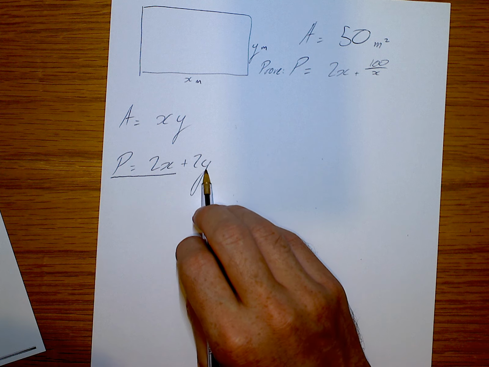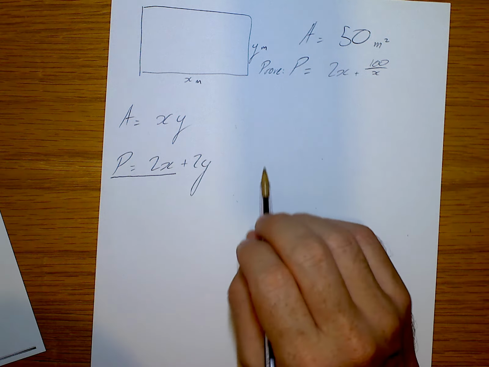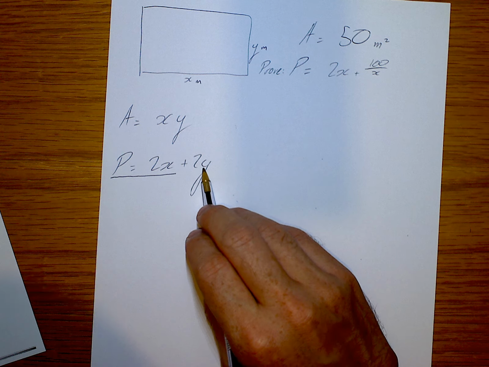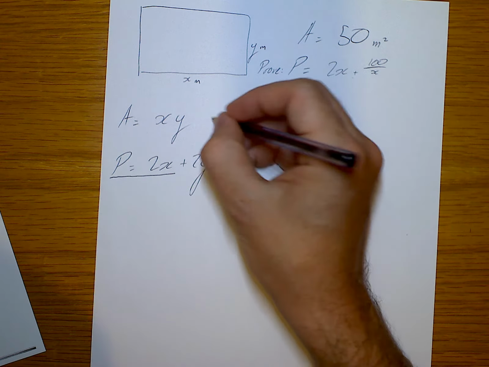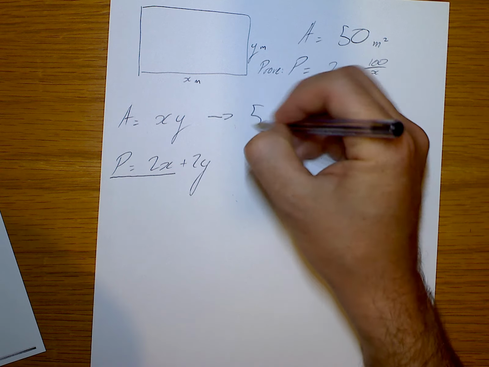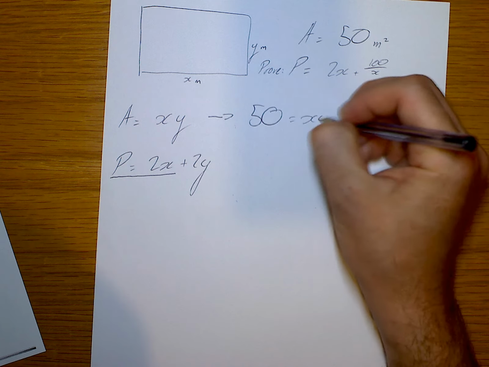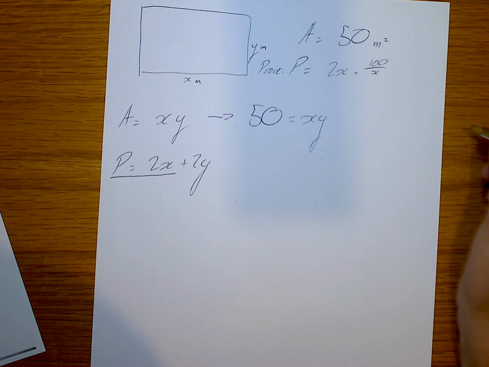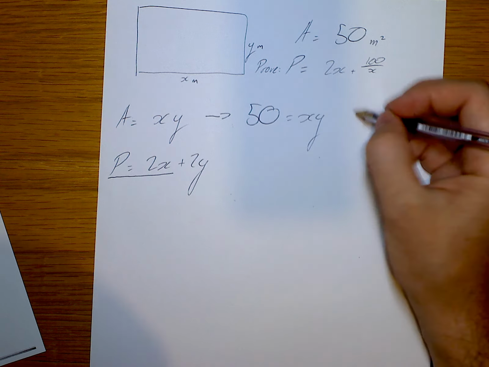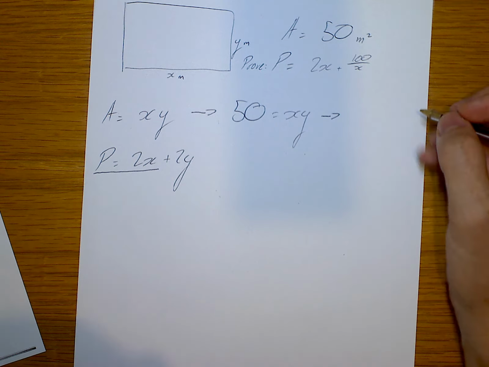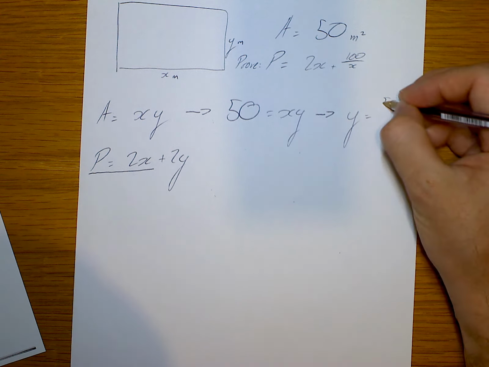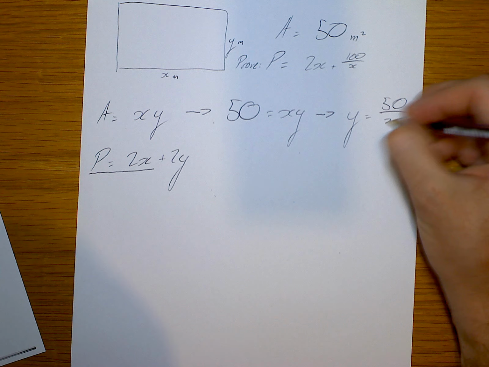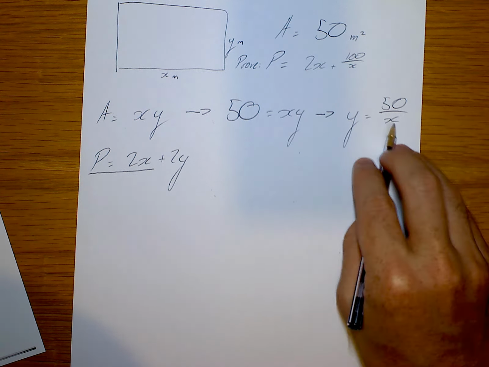So put things in terms of y, and then maybe we can put in x. Let's try it. We know this is going to be 50, because we're given that. 50 equals xy. Let's divide both sides by x. I'm sorry to write across, this is really bad setting out. Please don't do this, I'm just doing this for this example. So we get y equals 50 over x.